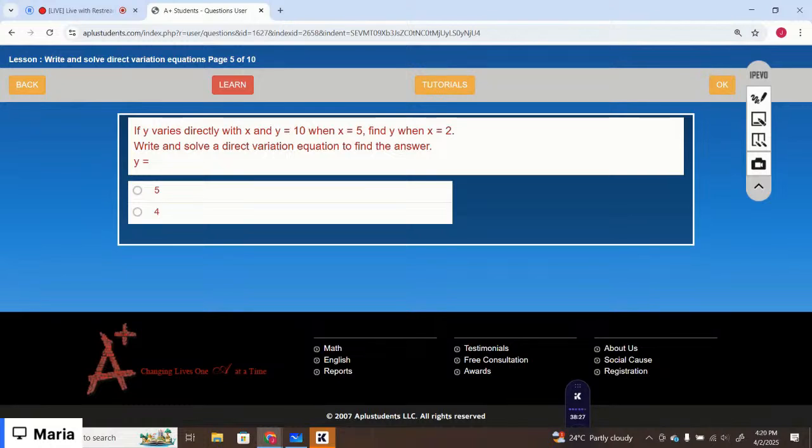If y varies directly with x and y equals 10 when x equals 5, find y when x equals 2. The correct option is 4.